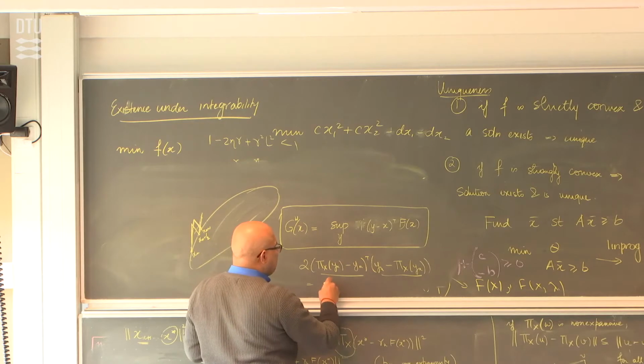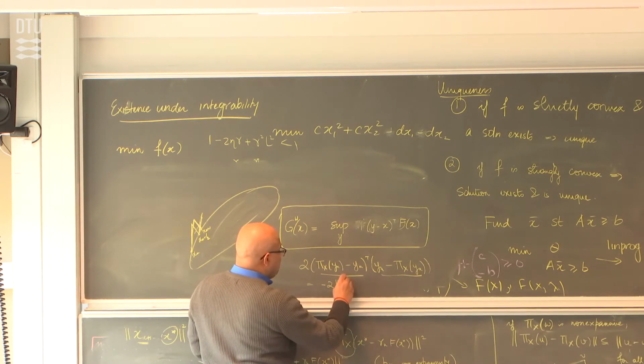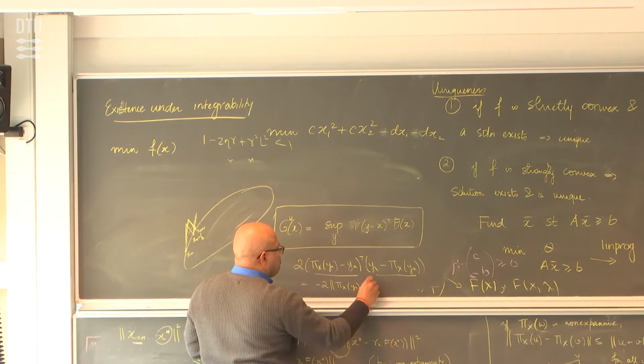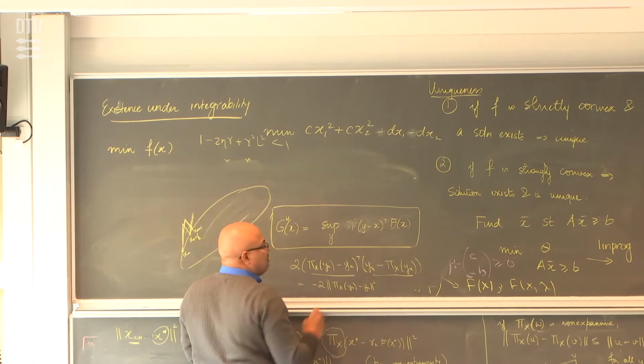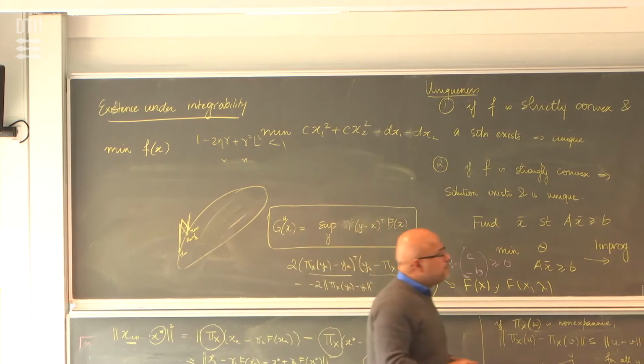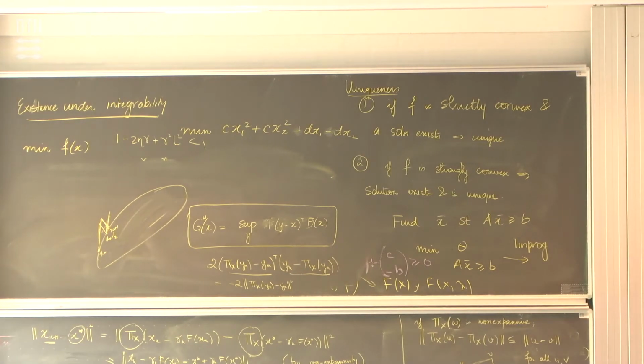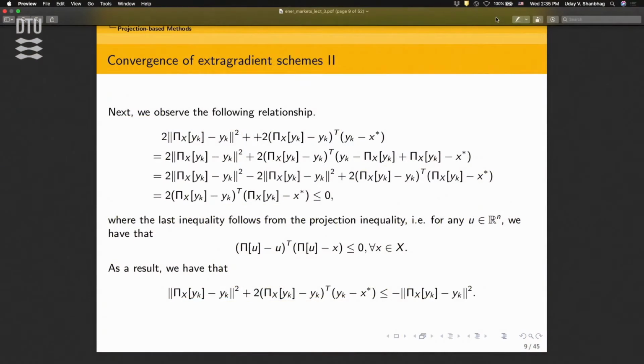So you can take the negative out, you get minus 2 times norm x squared, which is pi of x yk minus yk squared. Okay? So that's the first term that you get. Right? That becomes this negative 2 pi of x of yk minus yk the whole squared.